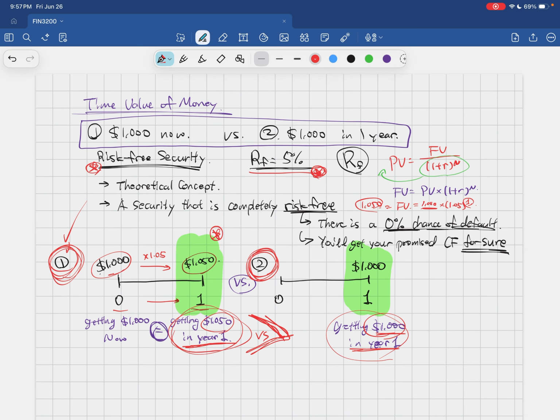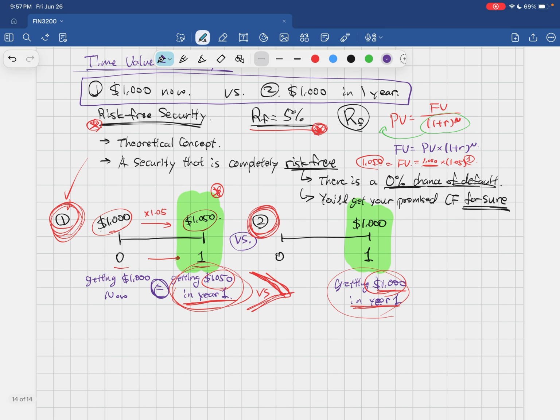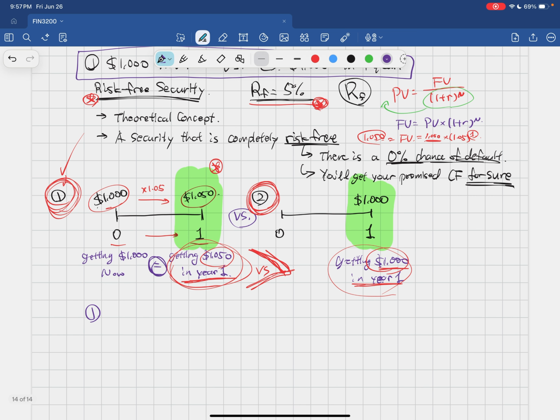This example was easy, but suppose that I gave you this example. First option is you get $1,000 now, and second option is you get 1030 in 1 year.